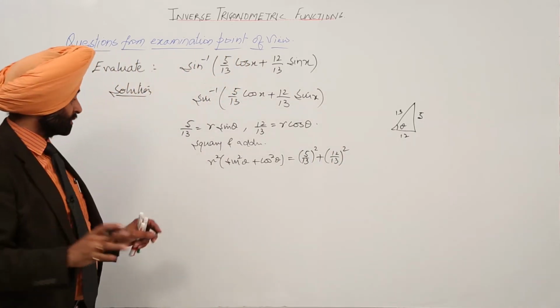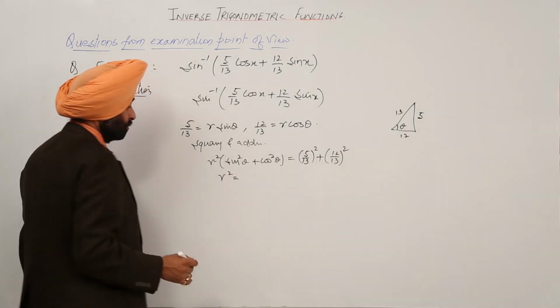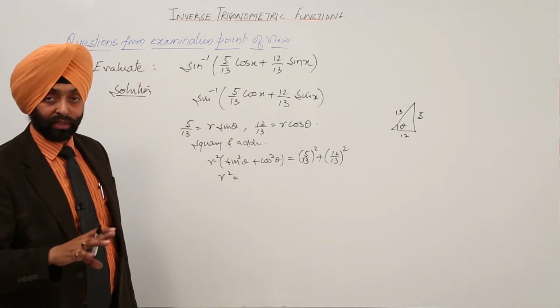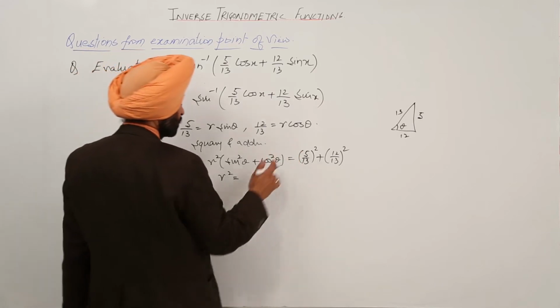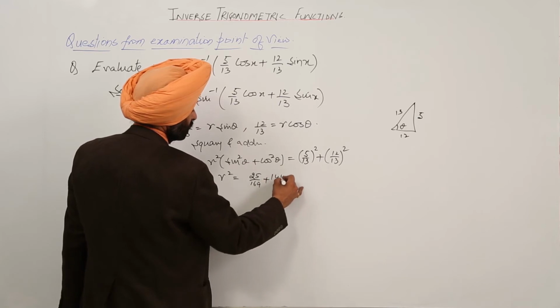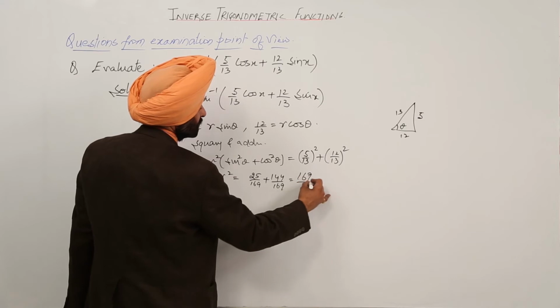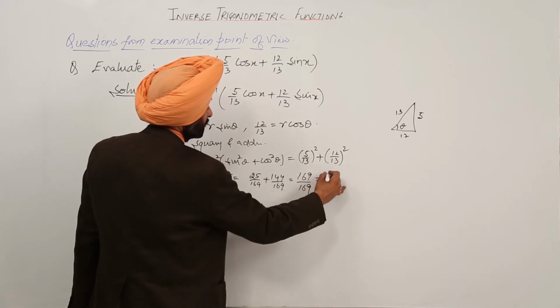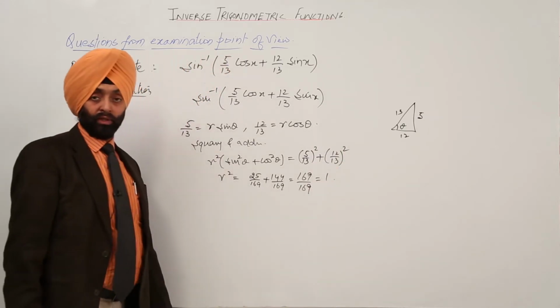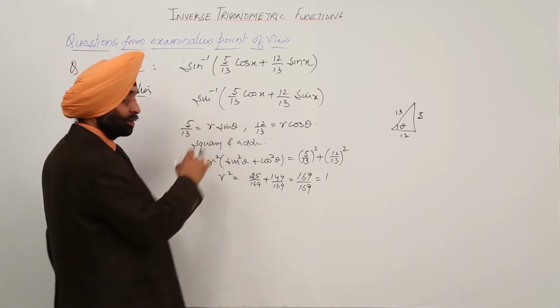Simple steps. Now r square is equal to, because sin square theta plus cos square theta is 1, 25 upon 169 plus 144 upon 169. This becomes 169 upon 169, which is 1. So r is 1.